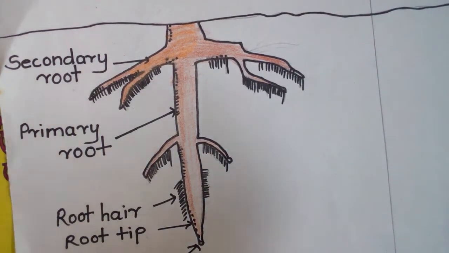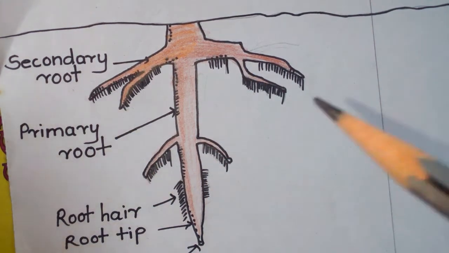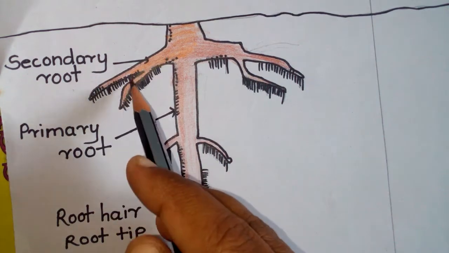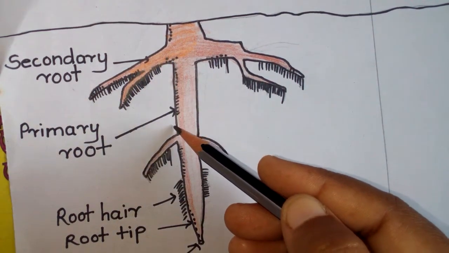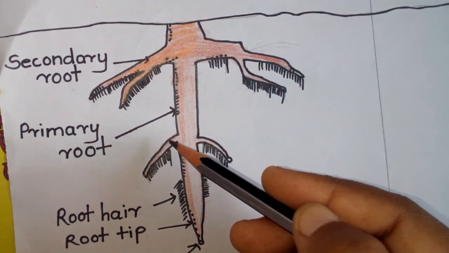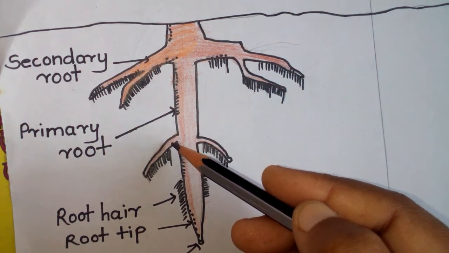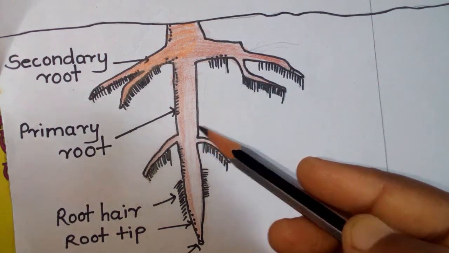The main root is the primary root. The roots that grow on it are the secondary roots. And the roots that grow on the secondary roots are the tertiary roots, understood?